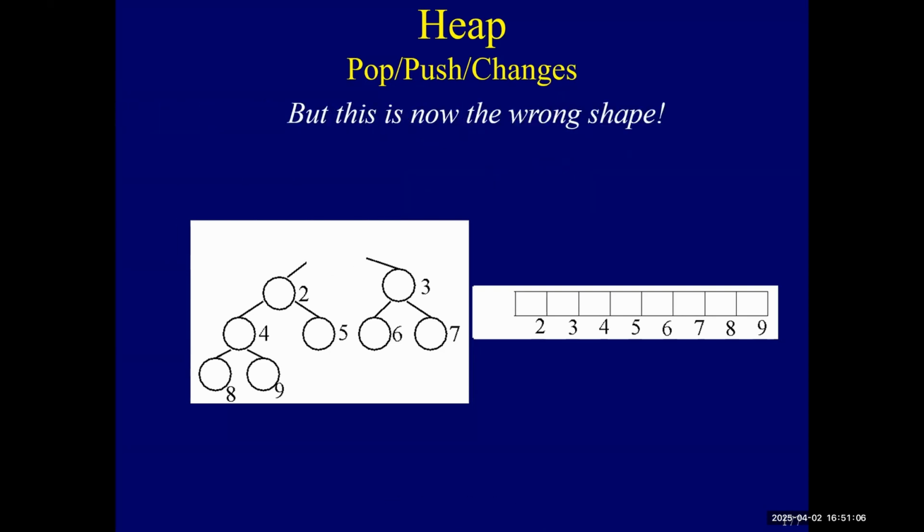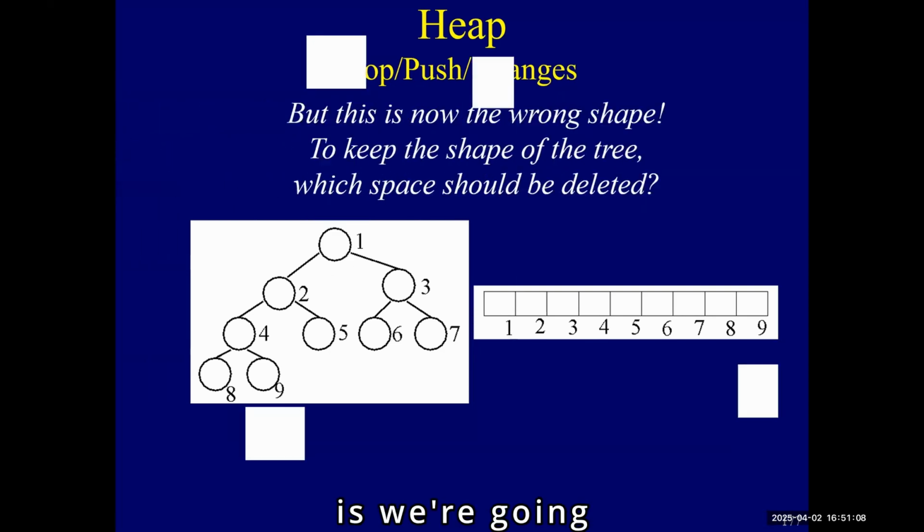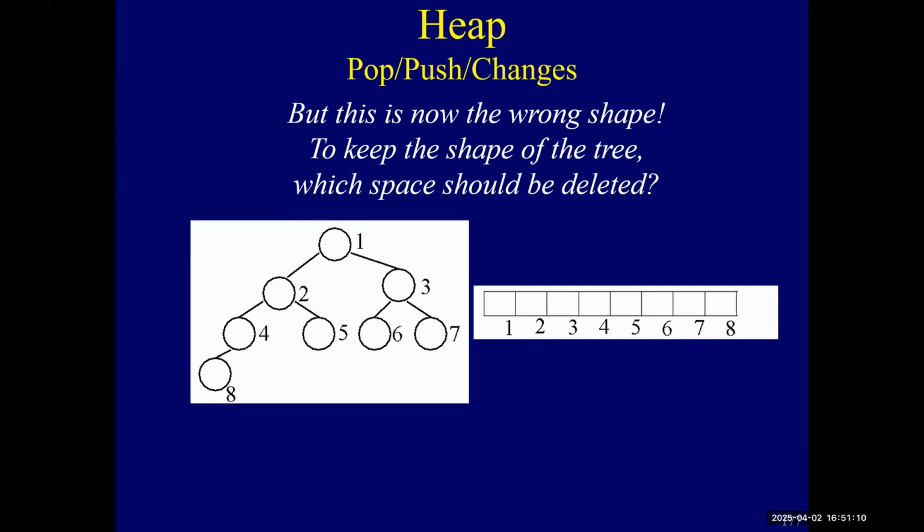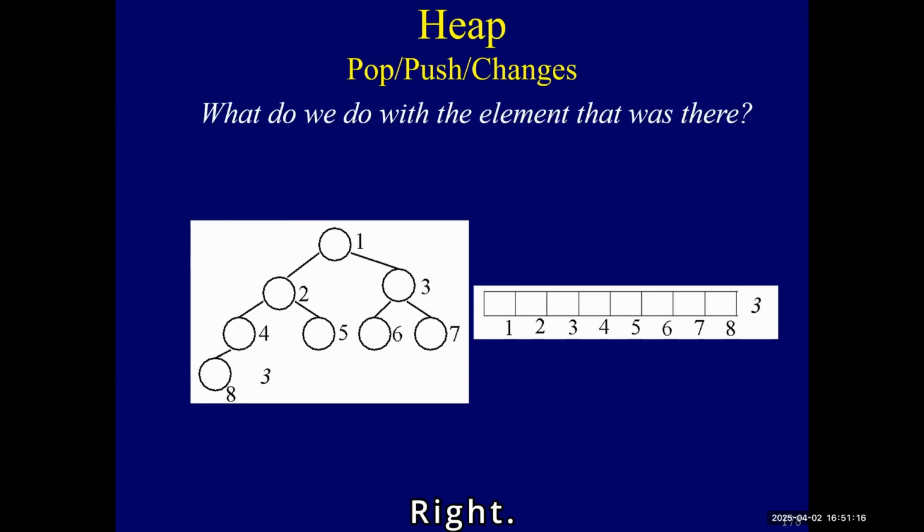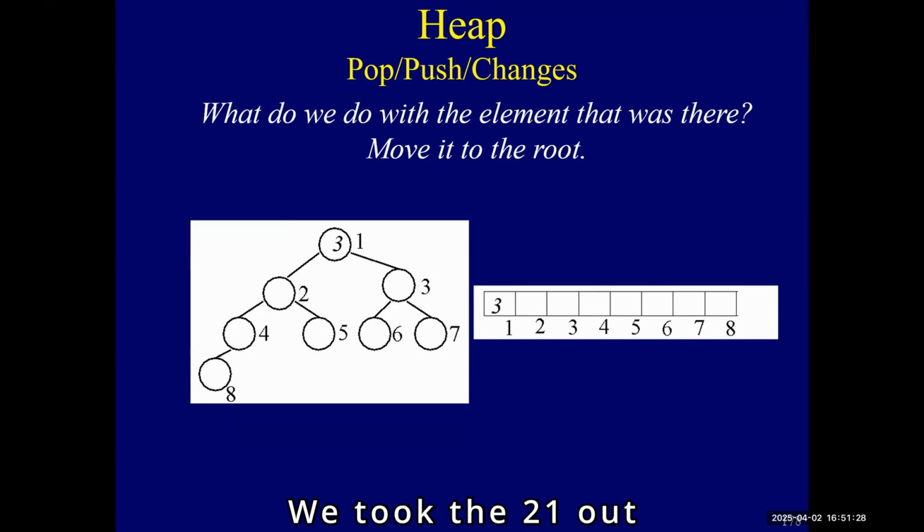So what we do is we're going to delete the 9. And what do we do with the value that was in 9? There was a 3 over there. Why is it 3? Because it's small, right? It's near the bottom. It's a small guy. So what do we do with it? We move it to the root, right? We took the 21 out, and we moved the bottom one to the root.